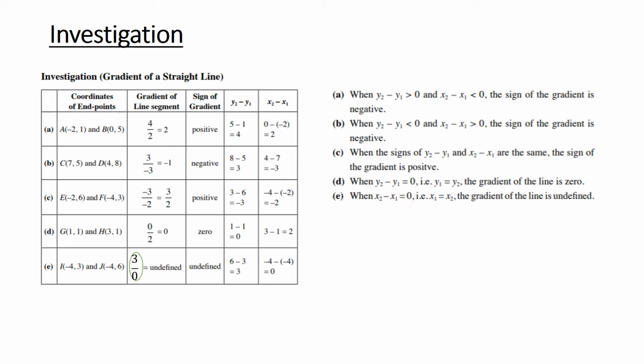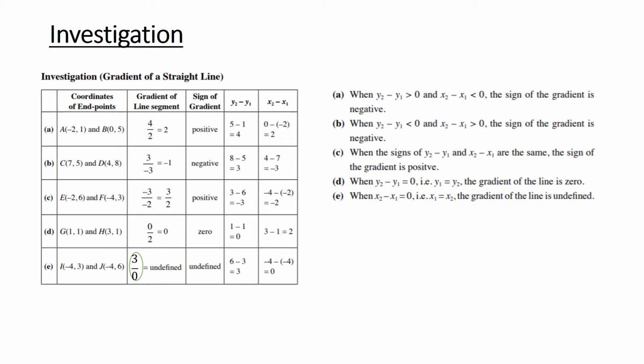Now let us find out the gradient of this line segment AB. Gradient of line segment AB will be equal to 4 over 2 equals 2, and its sign is positive, as change in y will be 5 minus 1 equals 4, and change in x will be 0 plus 2 equals 2.